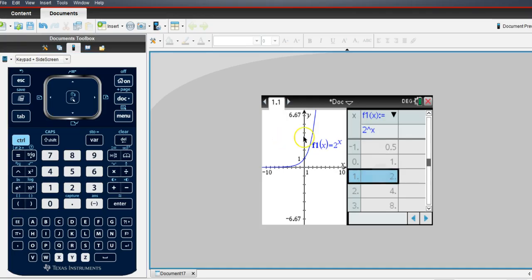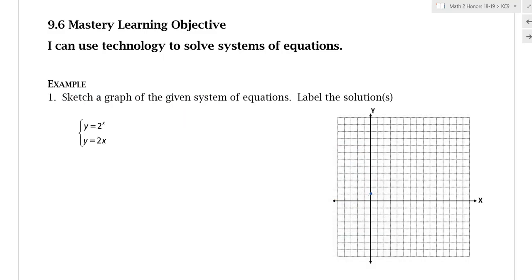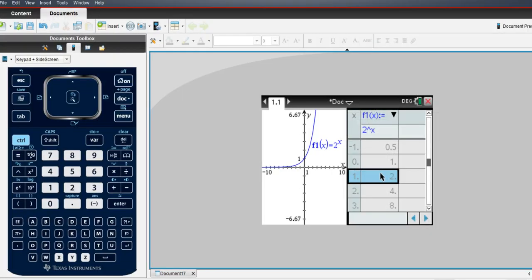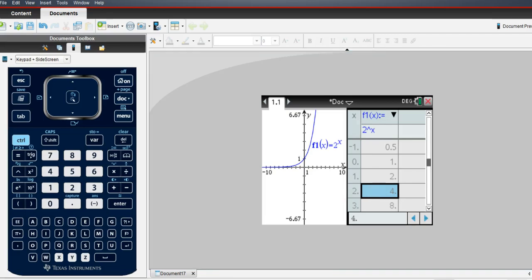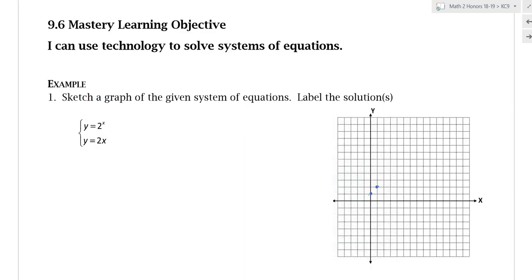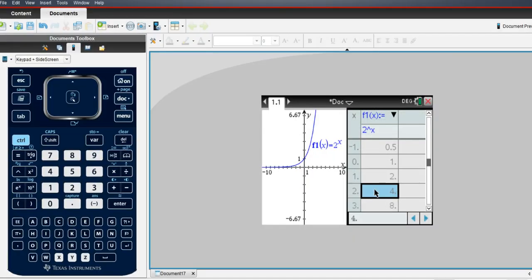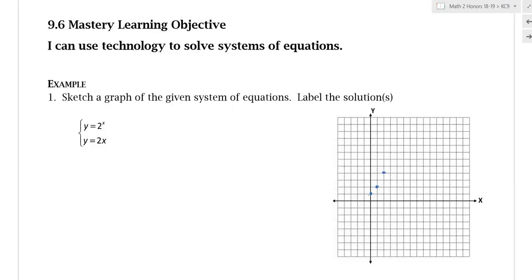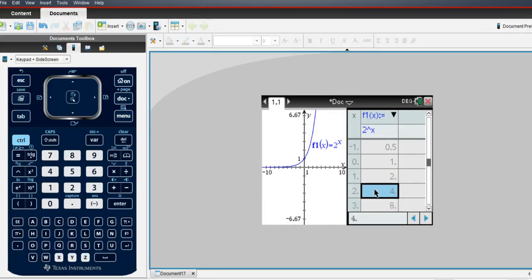Our next point is 1, 2. Our next point here is 2, 4. Our next point is 3, 8. I believe our next point is 4, 16.